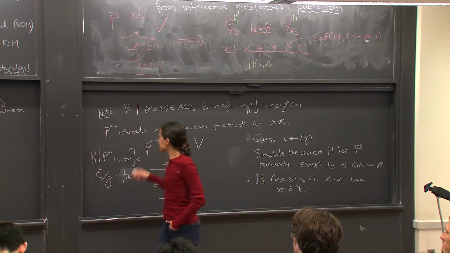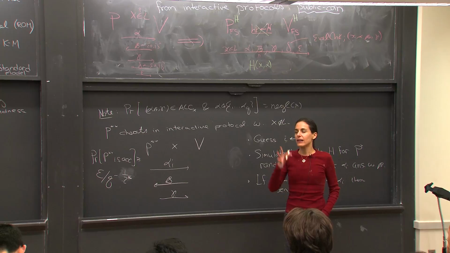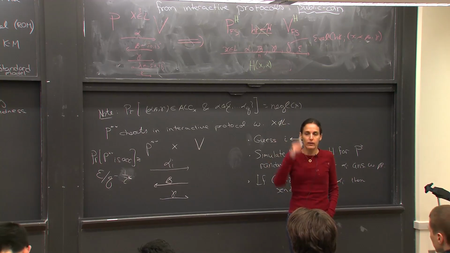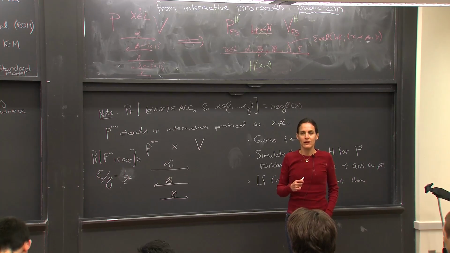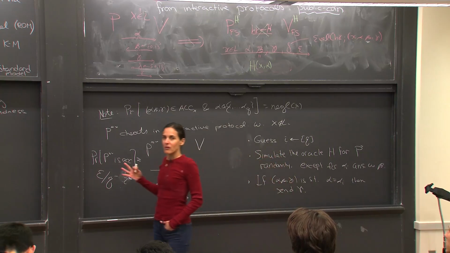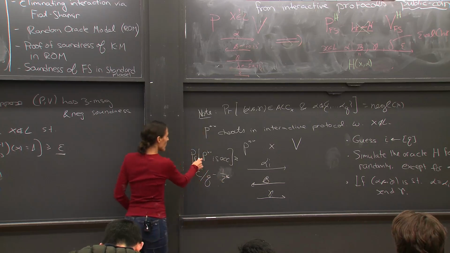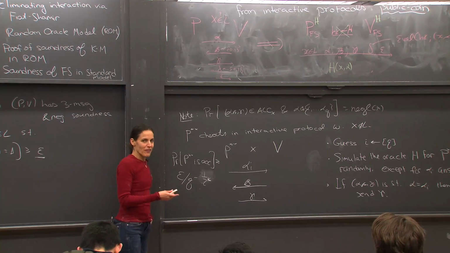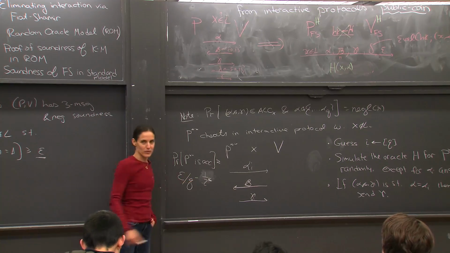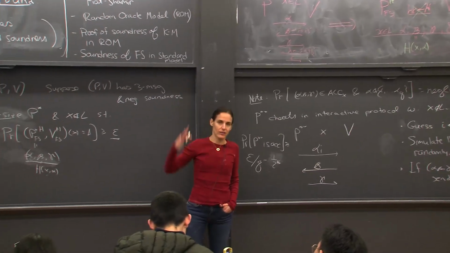But since P star is fixed and polynomial time, say its runtime is lambda squared or lambda to the third, he cannot ask more than lambda to the third queries, because each query takes one unit of time. So I can upper bound the number of queries by the runtime of P star. In the worst case, the probability is epsilon over the runtime of P star.